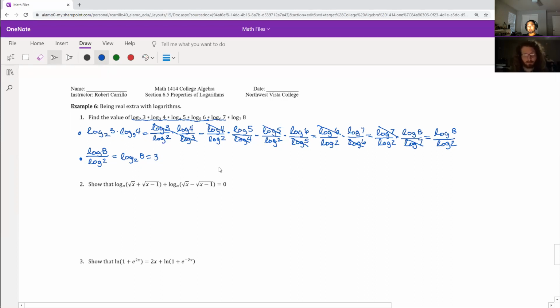And if you can't see that directly, because sometimes it can be hard to pull apart what a log is actually asking you, I know I still struggle with it, we could also say log base 2 of 2 cubed equals 3.